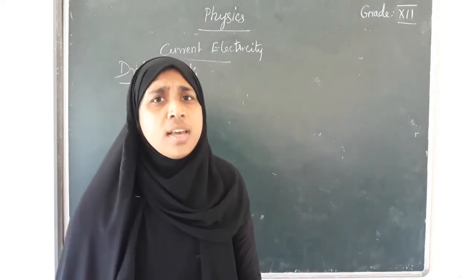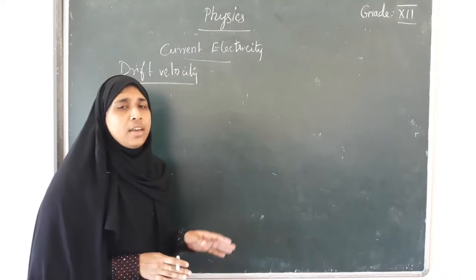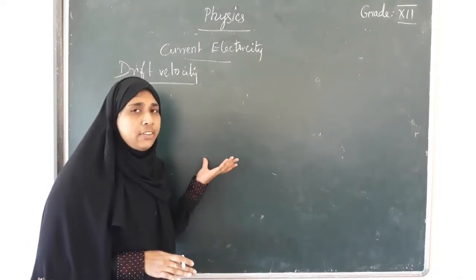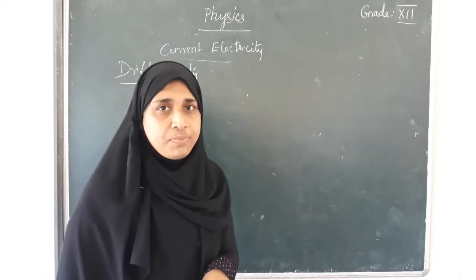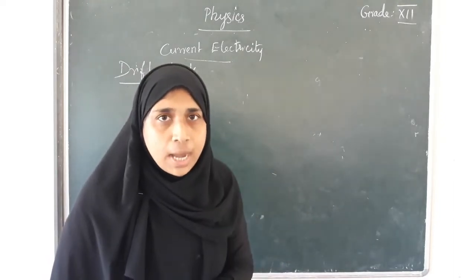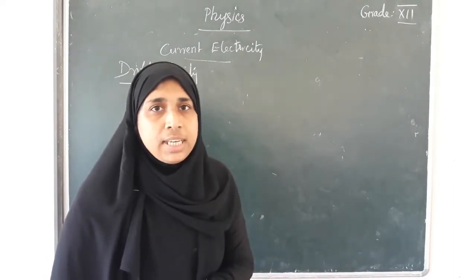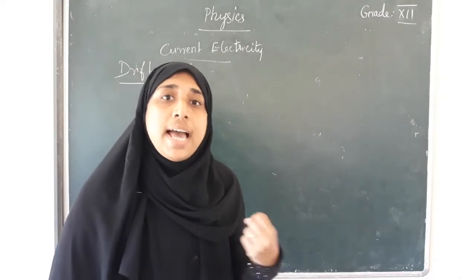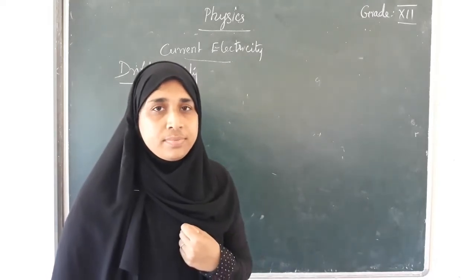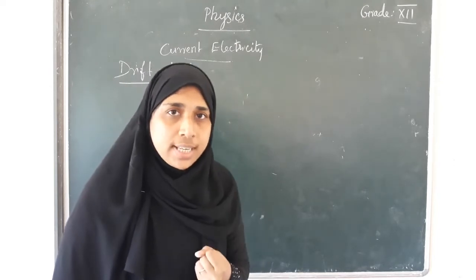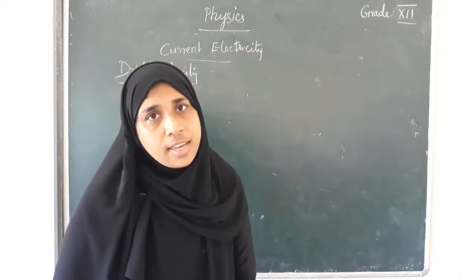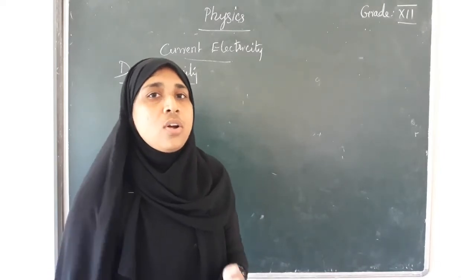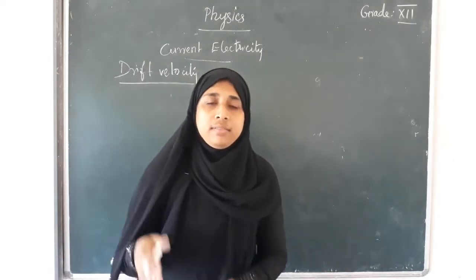Similarly, here also, in the conductor, whenever there is no electric field, the electrons are in random motion. But when the electric field is applied, these free electrons get accelerated. There is a force exerted. The force is used to accelerate the free electrons. So the free electrons will be aligning.